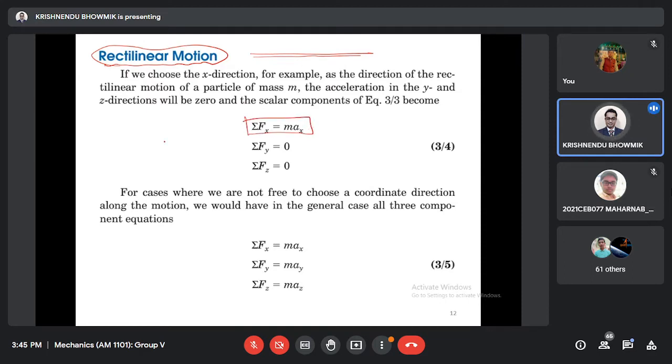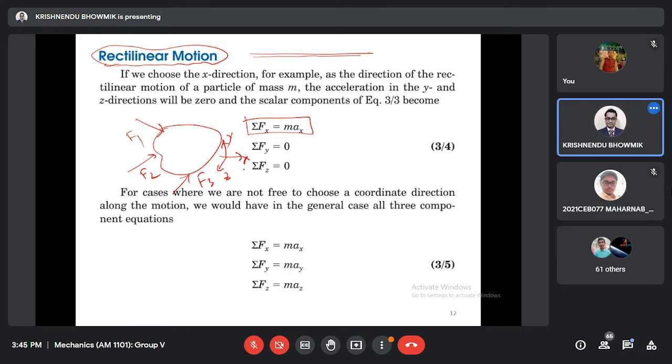This summation Fx may be F1, F2, F3. And maybe this is x, this is y, and this is z. So there may be a resultant force in the x, y, and z directions.